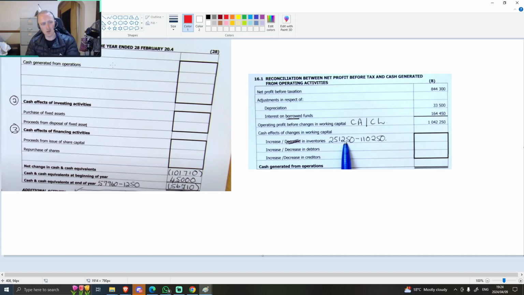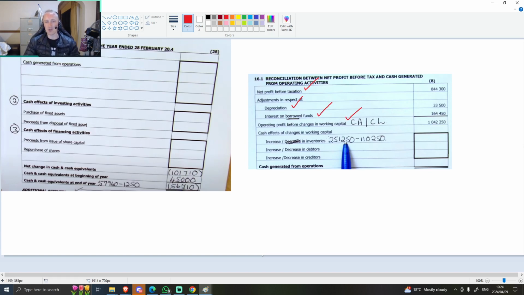Now, the cash effects of operating activities, as we've seen before, is fairly involved. There are quite a lot of things that go into it. First, we take our net profit before tax, we add back depreciation, we add back interest expense, and we end up with something called operating profit before changes in working capital.